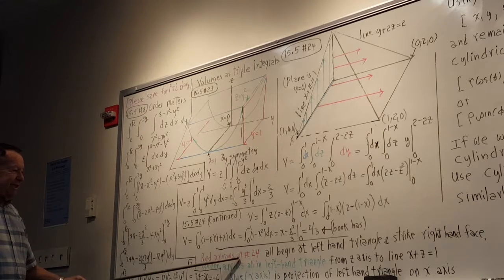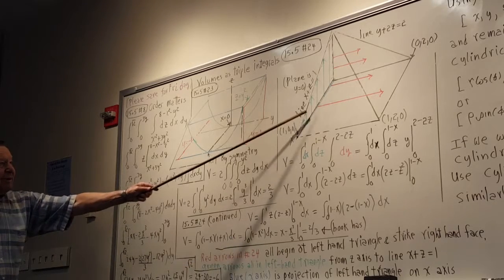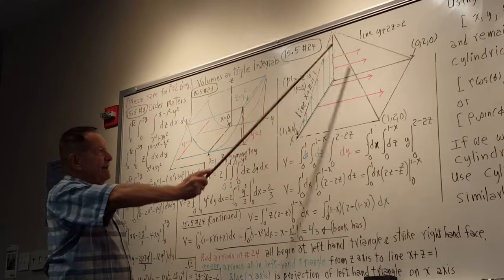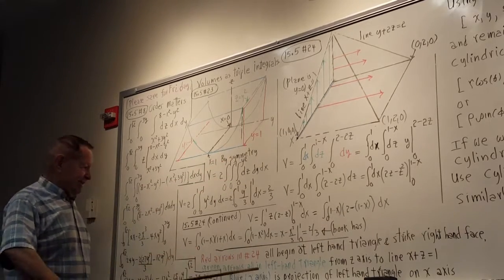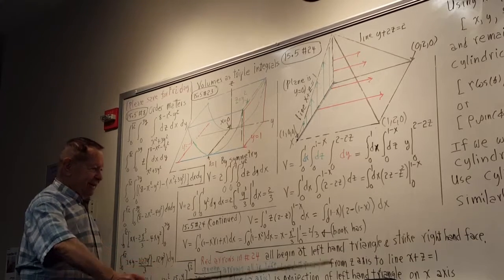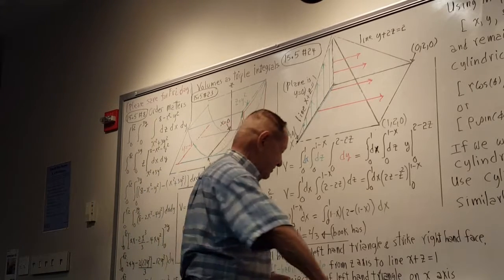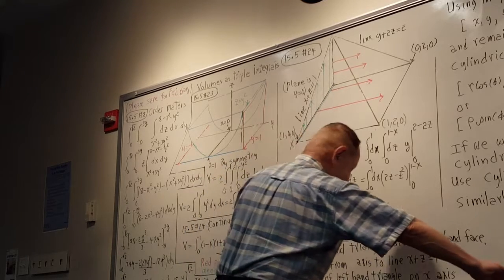So as I'm saying, the red arrows all begin at the left-hand triangle and strike the right-hand face, okay? Then the green arrows are all in the left-hand triangle, and instead of from the Z-axis to the line, they're really from the X-axis.